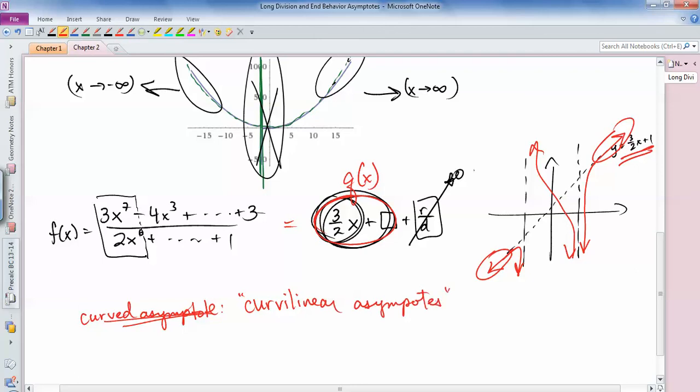If it is a straight asymptote, a linear one, but it's slanted like this, so slanted but linear, then we would call it instead a slant or an oblique asymptote.